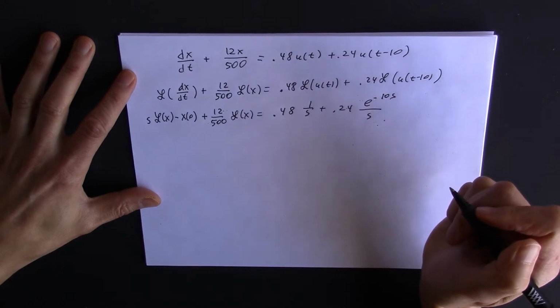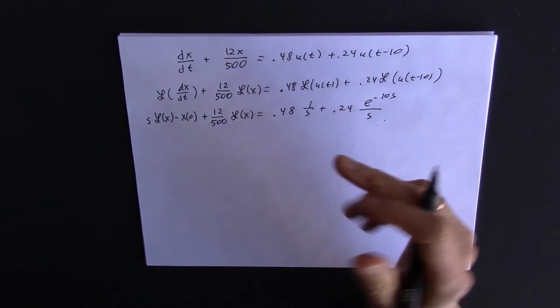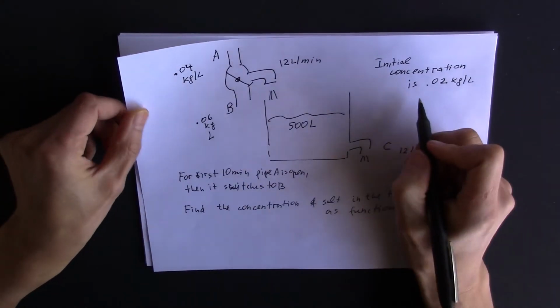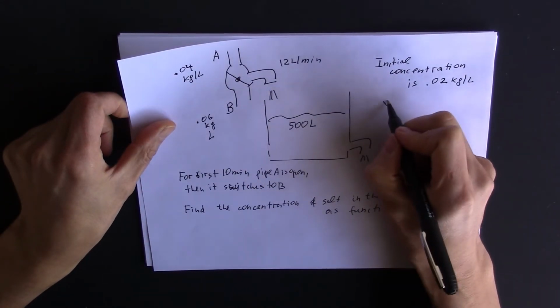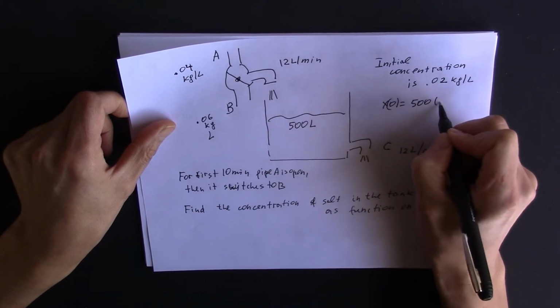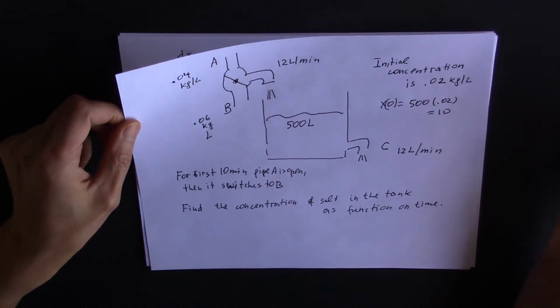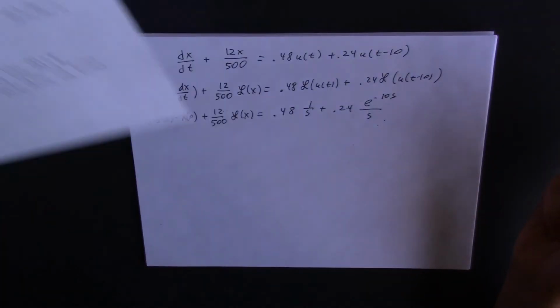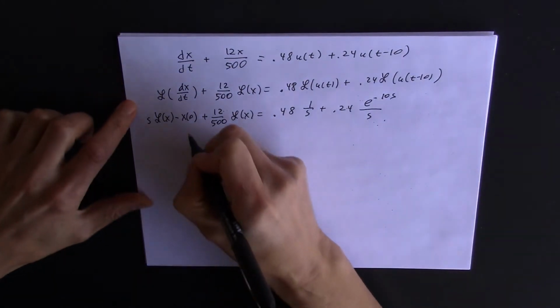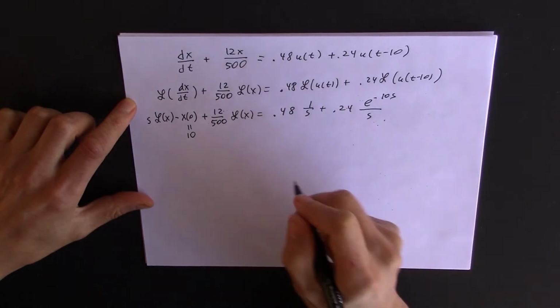Let's recall what x of 0 is. Our initial concentration is 0.02, so x of 0 equals 500 times 0.02, so x of 0 equals 10. I'm going to substitute x of 0 equals 10 and add 10 to both sides.